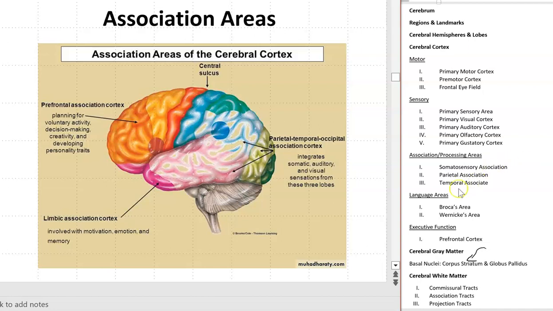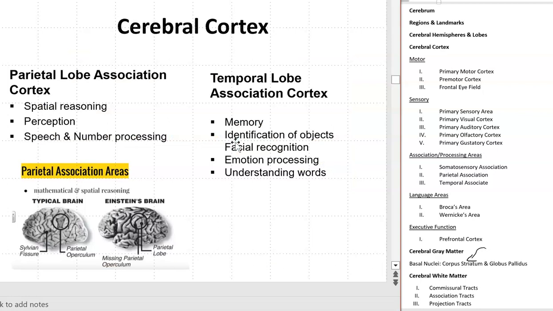When we look at the parietal association, there's another area of the parietal lobe. This association area helps with spatial reasoning, perception, attention. It helps with speech and number processing. And this area also helps with skills in mathematics as well.